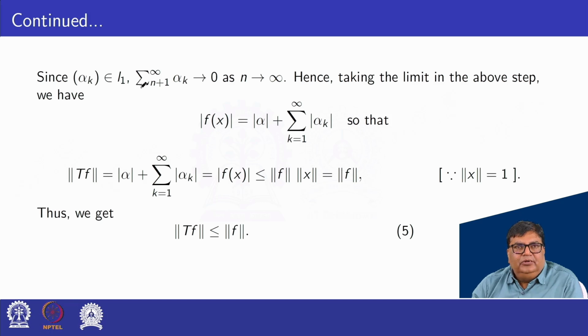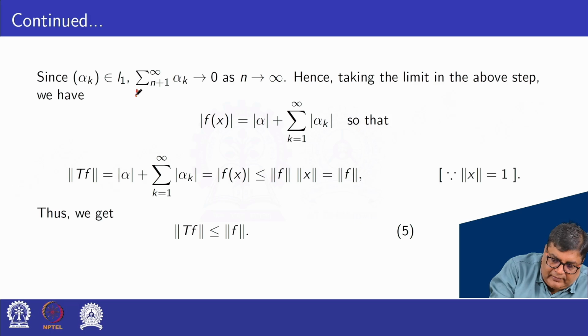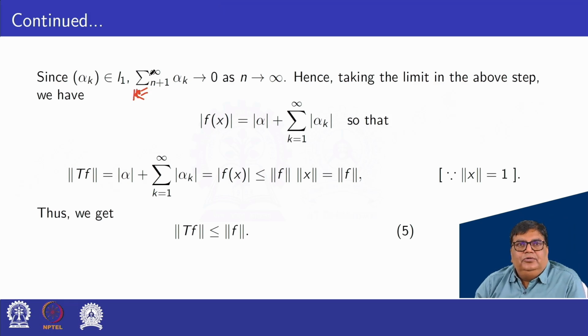Since alpha_k belongs to L1, the summation k equals n plus 1 to infinity of alpha_k tends to 0, because this summation is less than infinity, so it tends to 0 as n tends to infinity. Hence, taking the limit in the above step, we have |f(x)| equal to |alpha| plus the summation k equals 1 to infinity of |alpha_k|.